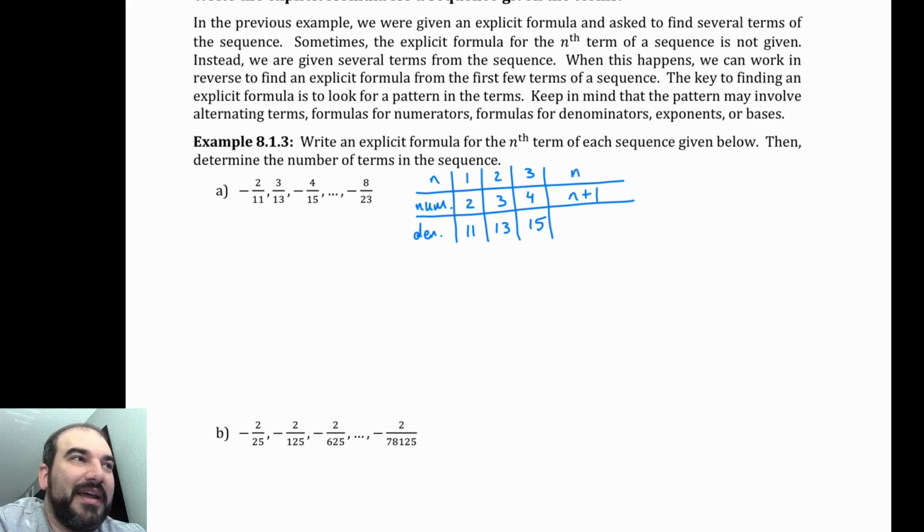This one is not as easy. Would the denominator be 9 plus 2n? Good. 9 plus 2n does work here. I'm going to write it as 2n plus 9, just so I have the y equals mx plus b formula there.